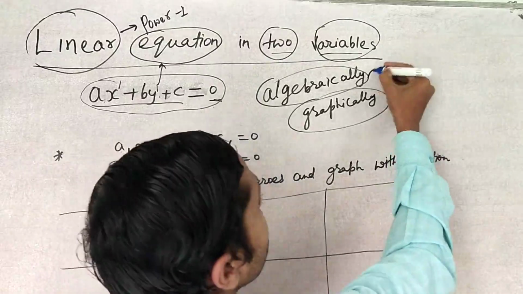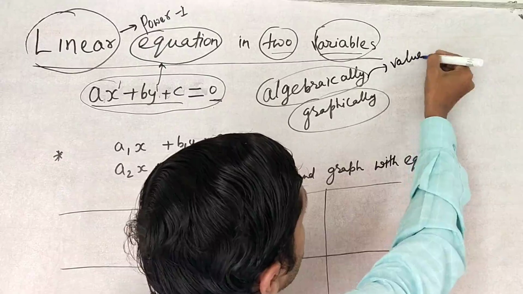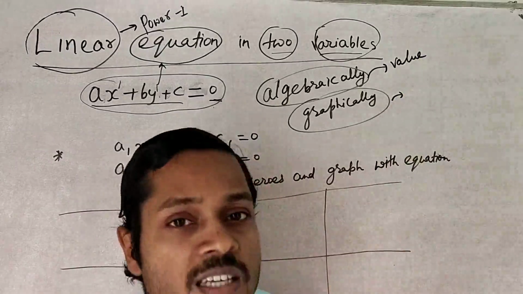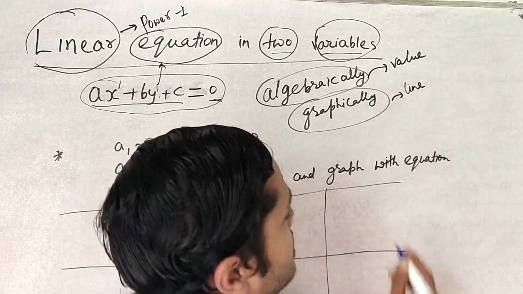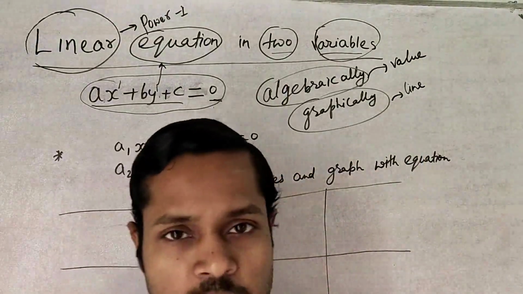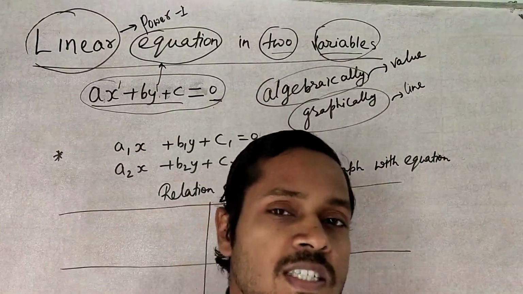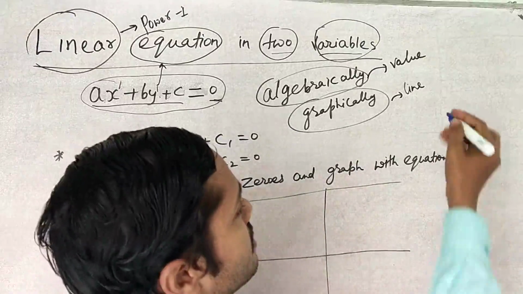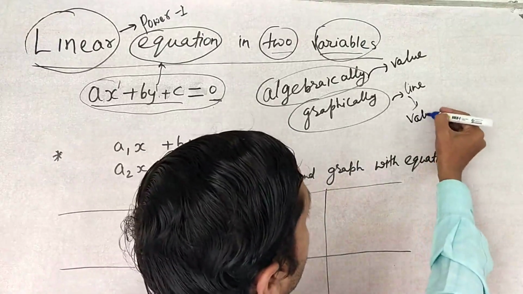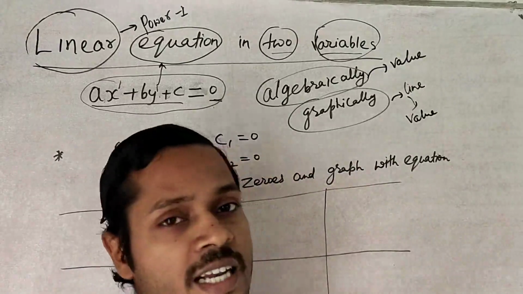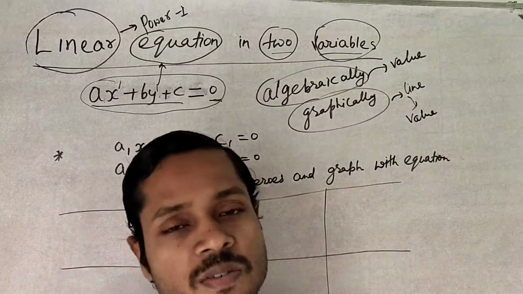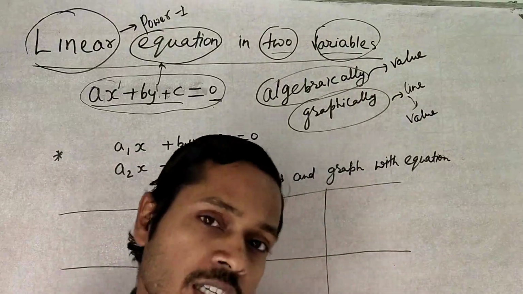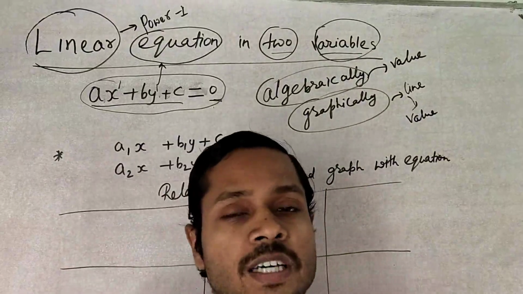Algebraically, it will give a value. Graphically, it will first give a line, and after that it will give a value. But algebraically, it directly gives a value. Linear equations in two variables can be expressed algebraically and graphically.